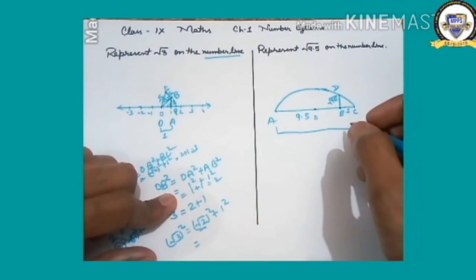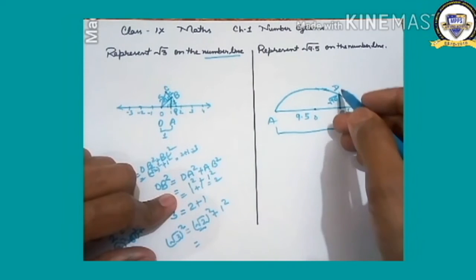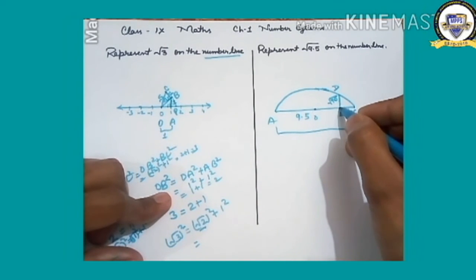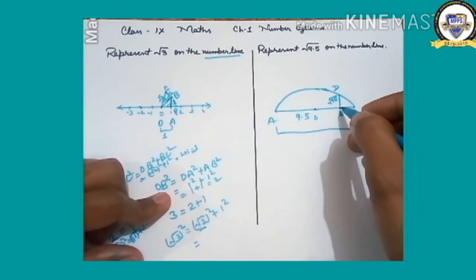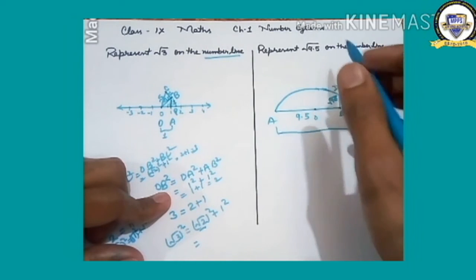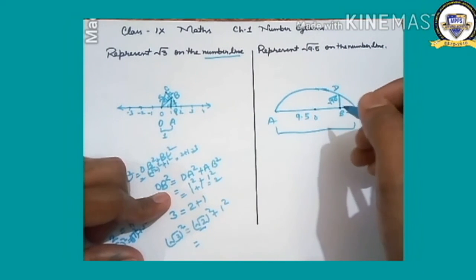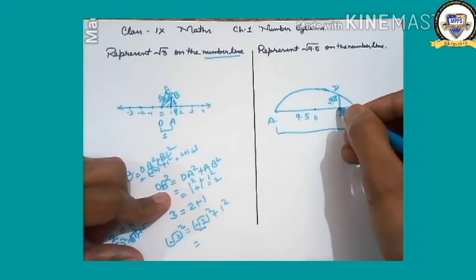Correct? Again, in the same way, this is not on the number line. So, we take B as center and radius BD, because BD is equal to square root 9.5, which we have to represent on the number line. So, let's take B as center and BD as radius.